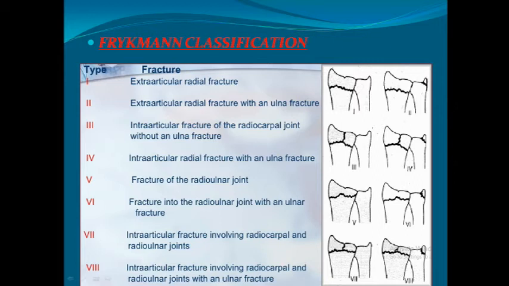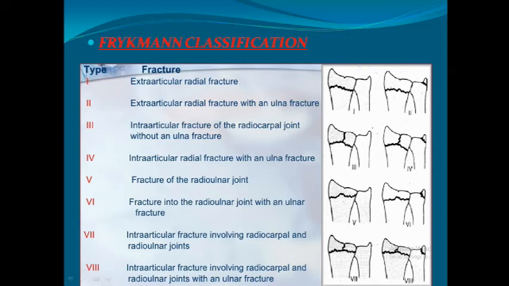Okay, so there is another classification known as Frykman classification. Just try to understand, then you will remember it better. Otherwise, if you try to mug it up, it will be very difficult. You will have 8 types here.